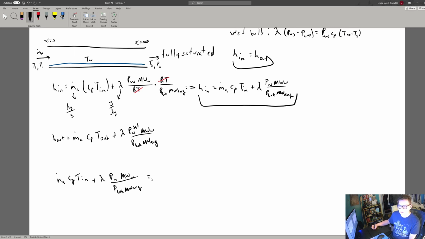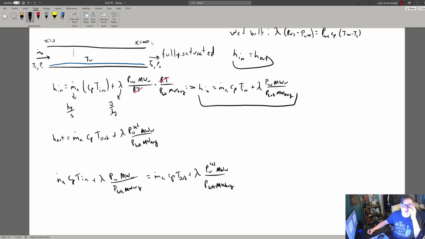And we'll set that equal to the mass flow rate of air out times the heat capacity times the temperature out plus the heat of vaporization times the saturation pressure times molecular weight divided by the total pressure times the average molecular weight.